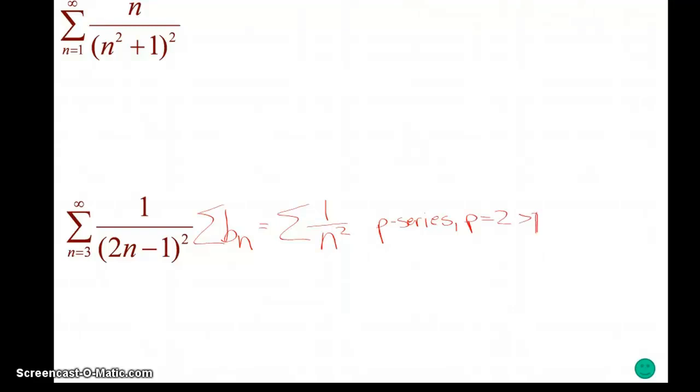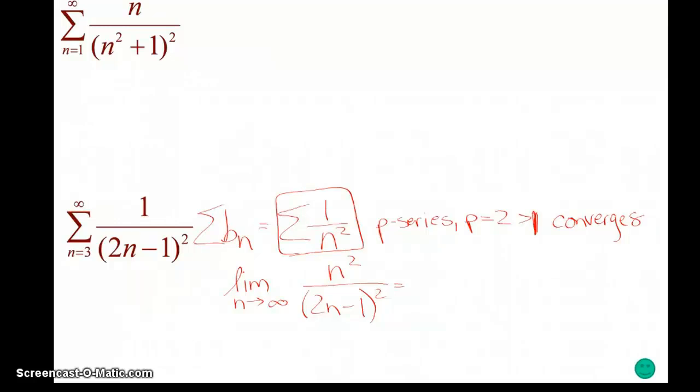P-series where p equals 2, which is greater than 1, this one also converges. And you can see making really good choices for b sub n will almost always result in you getting a real number value out of this limit. And that's really what you're after. We haven't in any of these examples, because we've made such great choices for b sub n, we haven't had to compare with infinity or with 0.